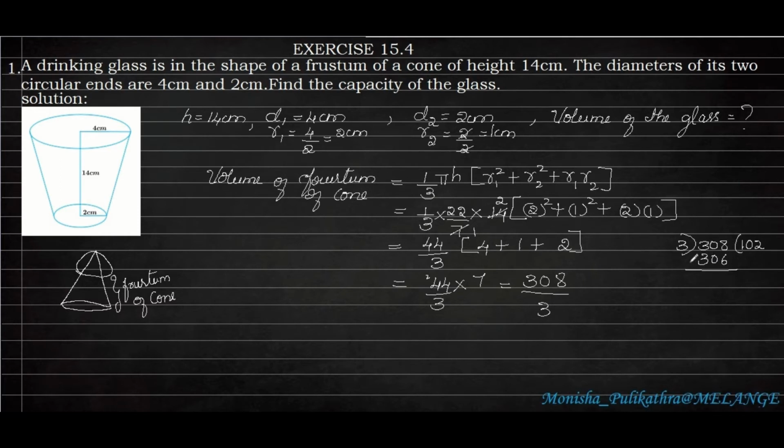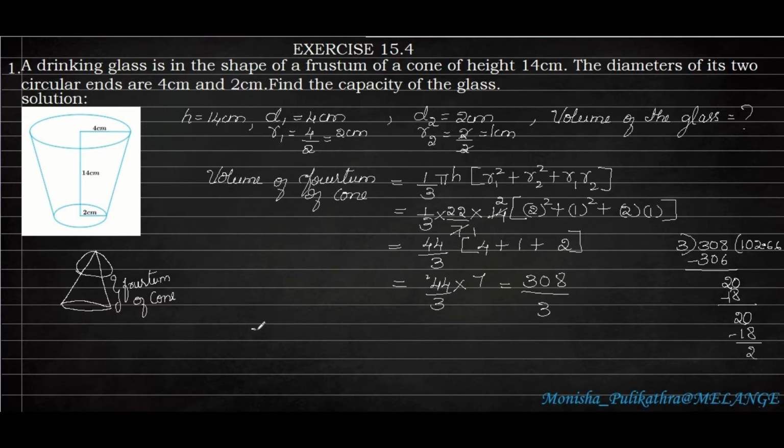Next 8 minus 6 is 2. We have to put a 0 and insert a point here. 3 sixes are 18, 2 remaining. Again put a 0 here, 3 sixes are 18. The recurring comes.